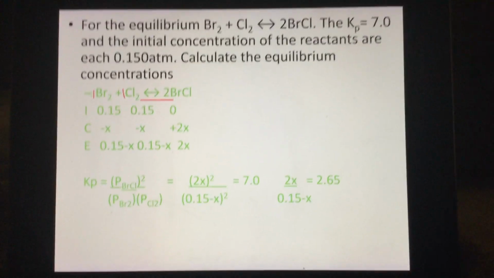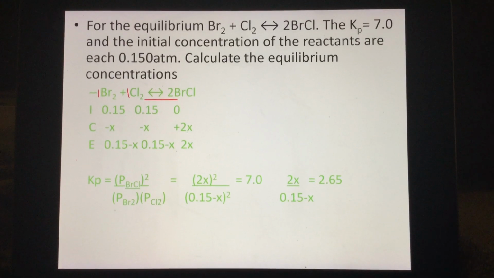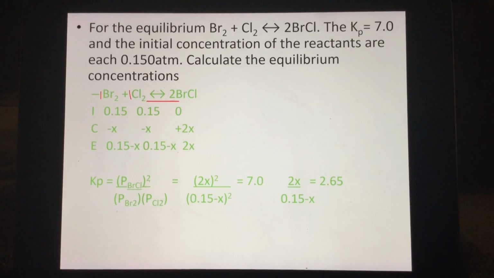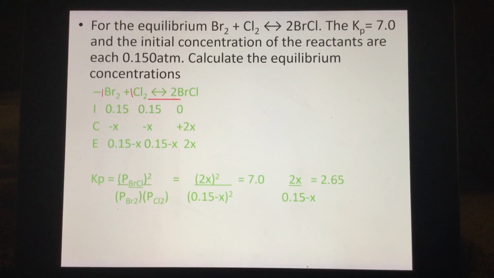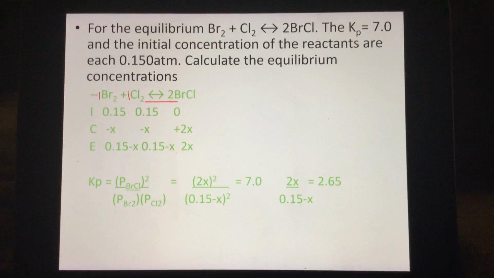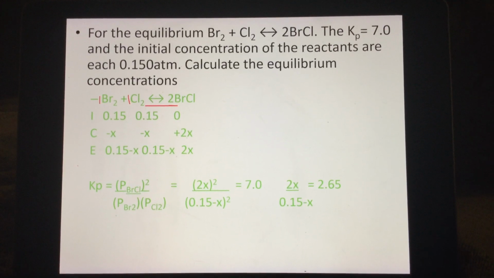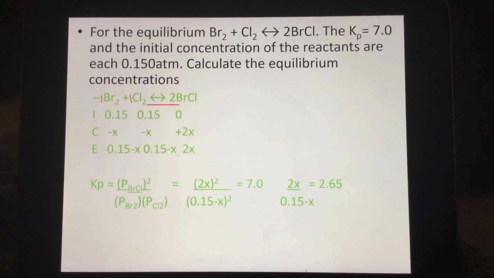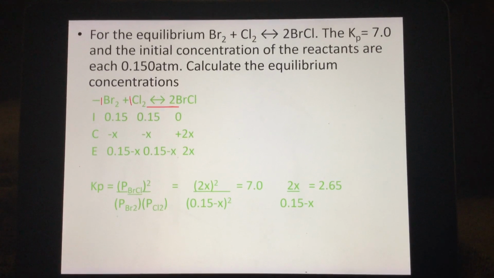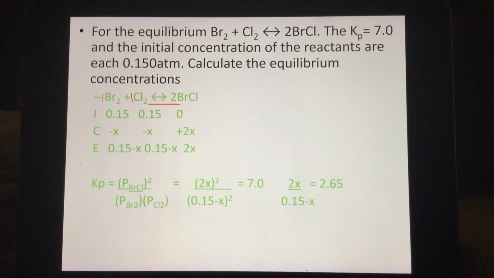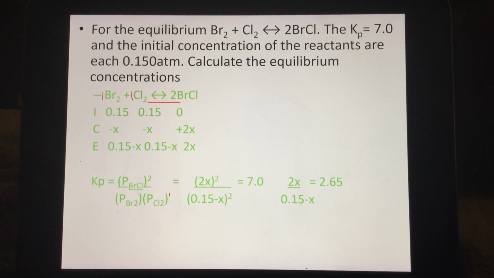So again, we set up our equilibrium expression with our product raised to its coefficient. So we have the pressure of the BrCl squared over our pressures of our reactants raised to their coefficients. So we have the pressure of Br2 times the pressure of Cl2, and they're both raised to the first power.